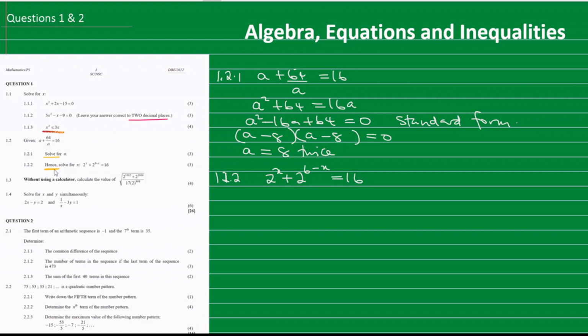So hence it means therefore, or you have to use your previous solution in this case. So now what we need to map up here is the fact that this question is more or less looking the same as that. Okay, more or less identical to that. It takes that format.